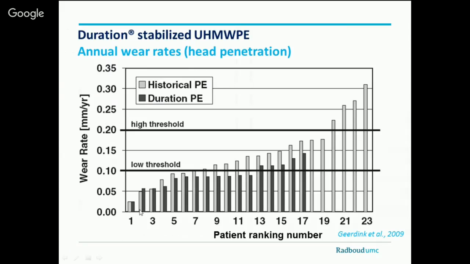And you can see here the wear rate, which is the head penetration, and they measure it on X-rays. And you can see that Duration is less than the traditional one. But the gain is not huge. But nevertheless, it is better. So, you know, it's a gain. We have to work in small steps.